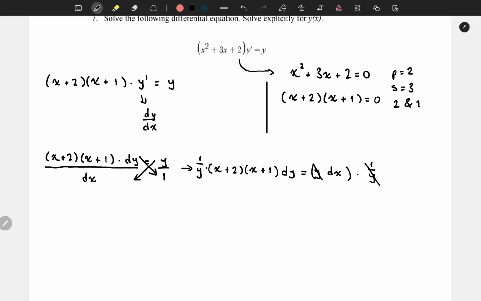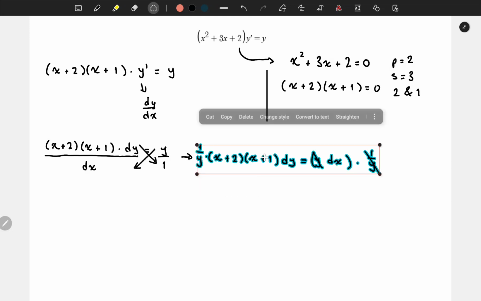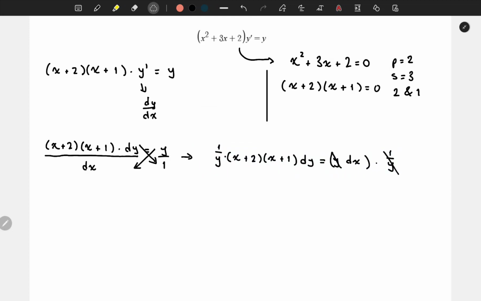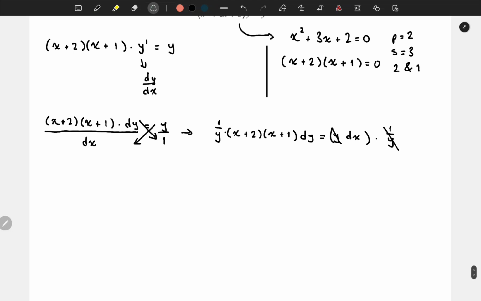And so we will then get this. Okay, so we've done one thing: we have gotten rid of the y's on the right side of the equation. What about this dx? Now that this dx is alone, all we have to do is multiply this side now. Let's copy this.